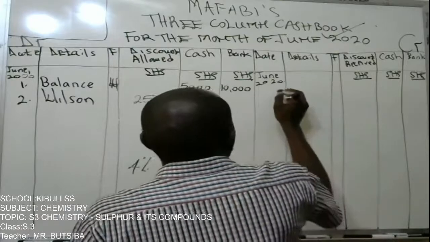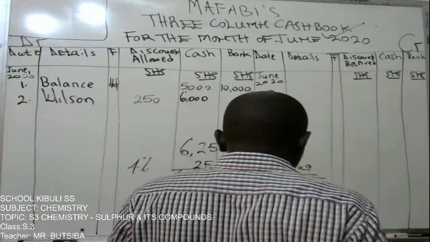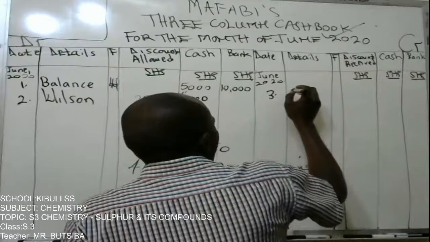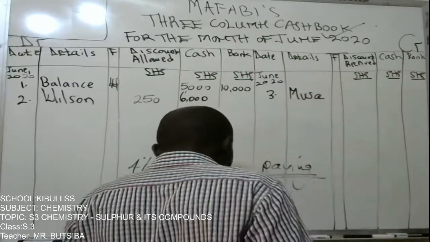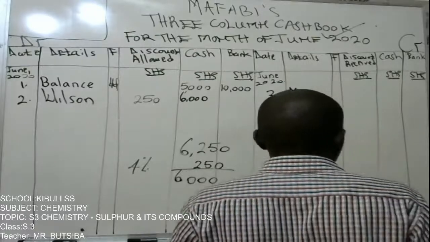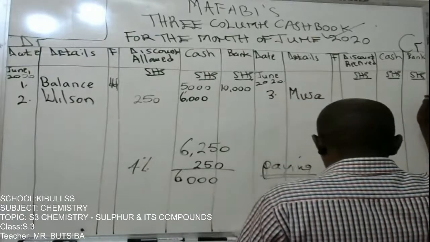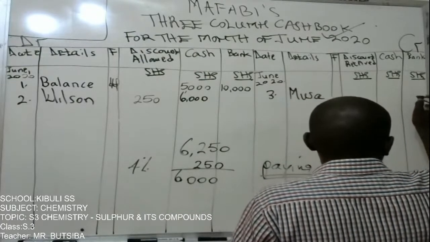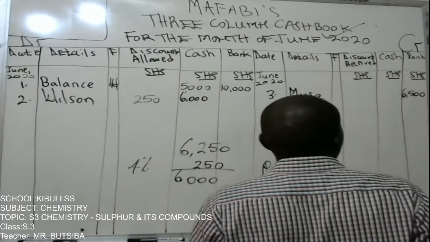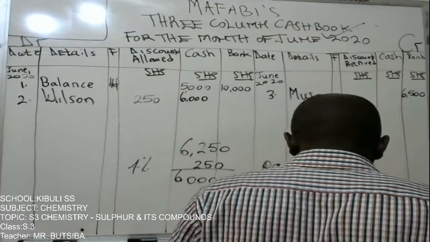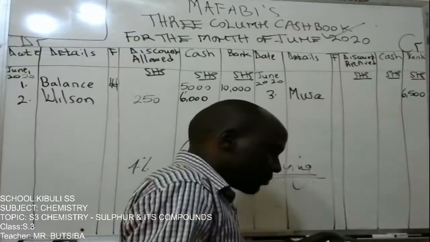So you simply go and record your date on 3rd. You paid Musa, that means in the details column you have there Musa. And you paid Musa by check, that means it's the bank column which is losing. So 6,500, you write it in the bank column on the credit side.